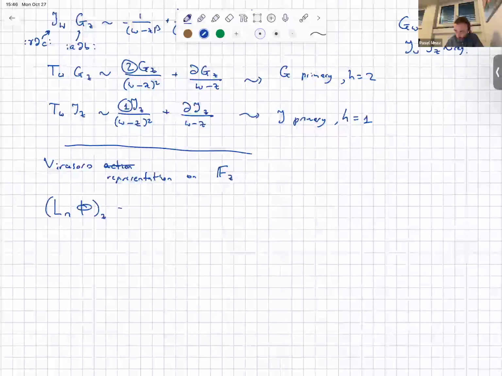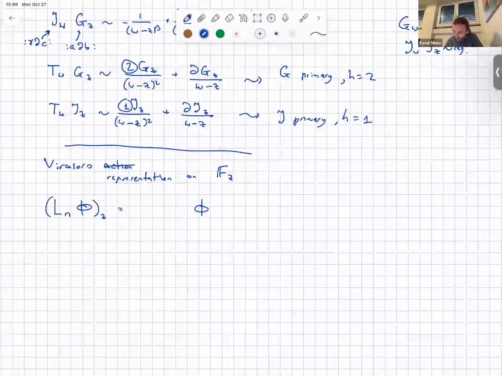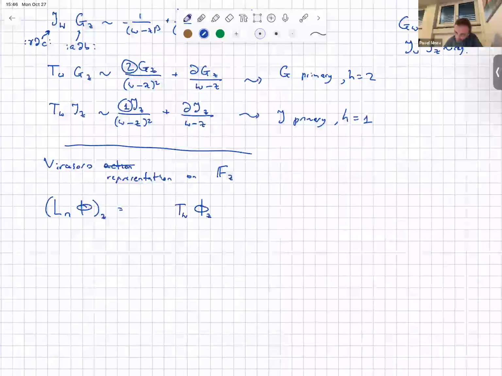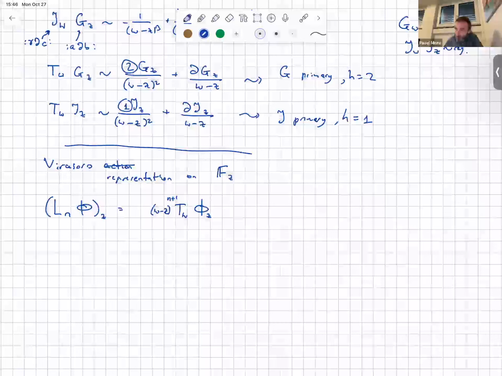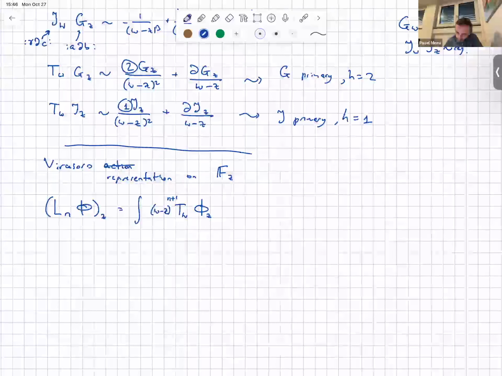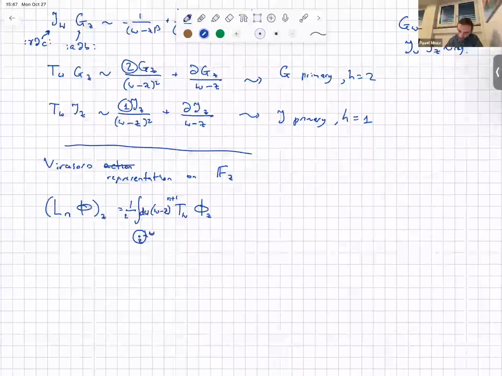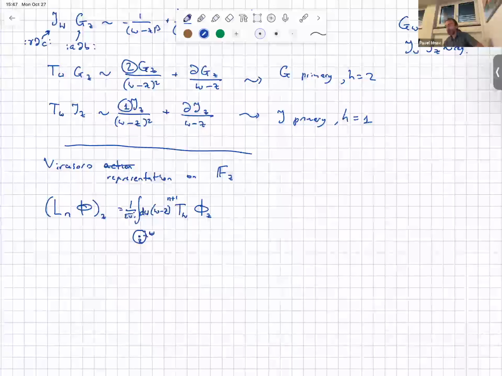Well, what you should do is you should take phi, plug it at the point z, and then take the stress energy tensor and plug it at a nearby point w, and then integrate it against a factor (w minus z) to the power n plus 1. And you should integrate in w over a little circle, so w is kind of going around z once counterclockwise, and I think you should maybe put a 1 over 2 pi i factor.